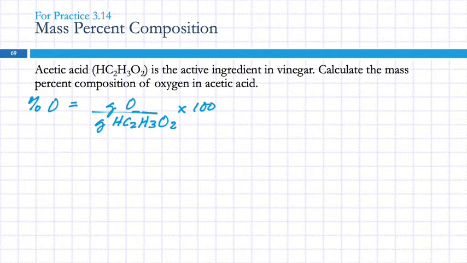So we're given the formula there, and we are just going to choose the sample size. We're going to choose 1 mole of it, just because it's easy. You can do something else if you want, but it's harder. So what's the mass of 1 mole of acetic acid? The molar mass, right? So we've got to calculate that. How many hydrogens in the formula? 4. If you want to treat them separately, that's fine, but there's 4 hydrogens.